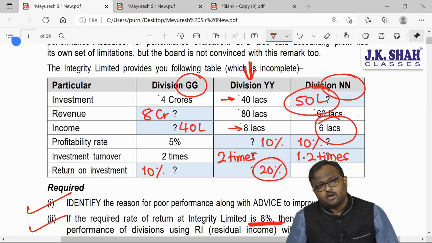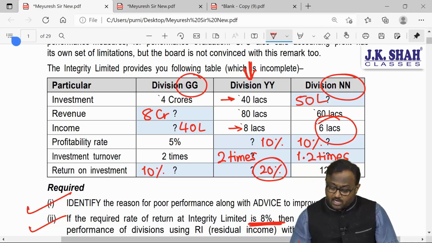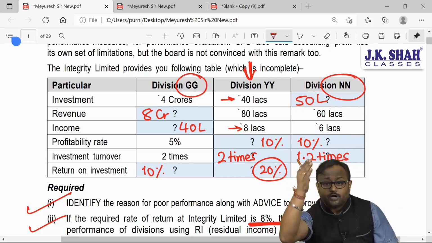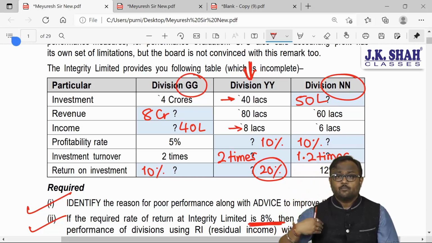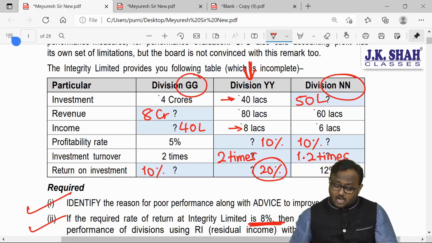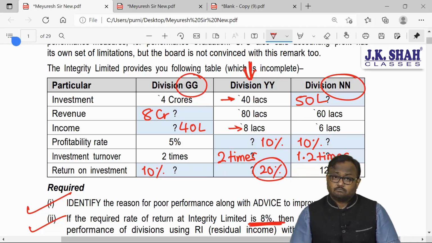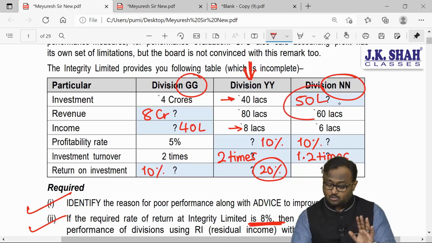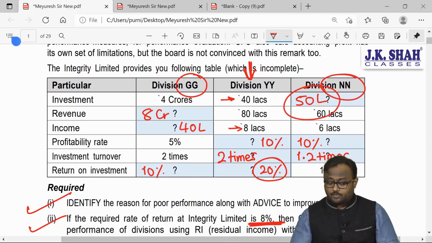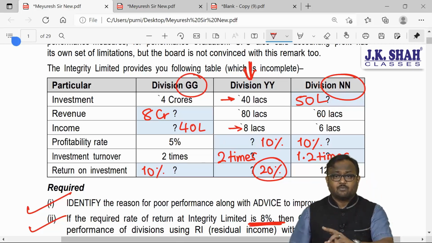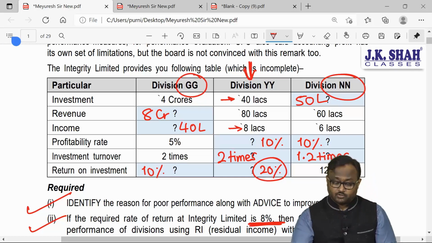The ratio would have been different, ROI would have been different. So my ROI is profit upon capital employed. So capital employed is by the company, not by the manager. Of course, in this question, being investment centers, you can't pass on the responsibility to the company. You have a right and authority to reduce capital employed if it is required, but generally RI is preferred, residual income is preferred, because it is always in absolute terms.